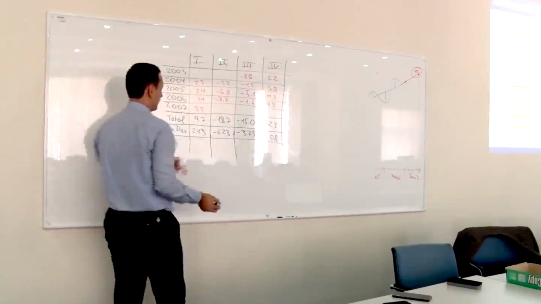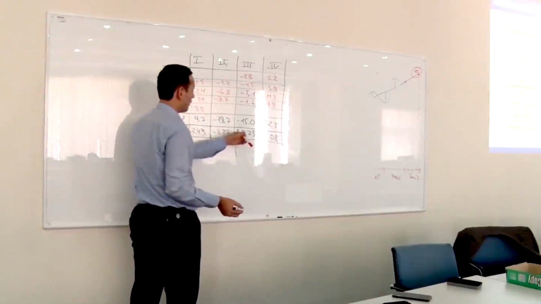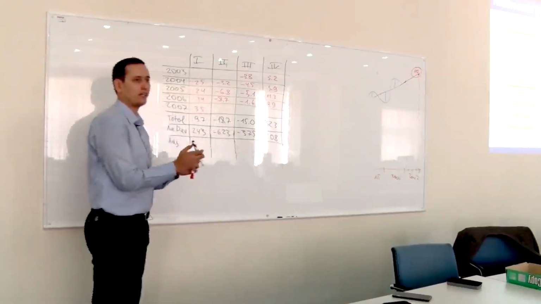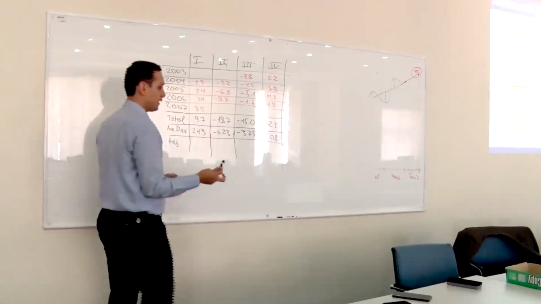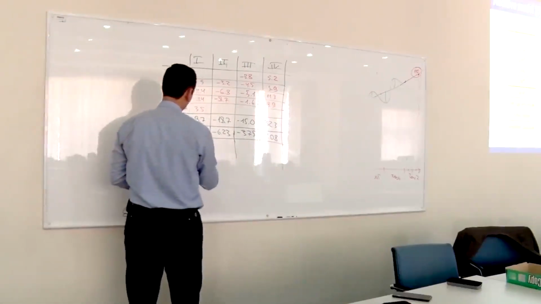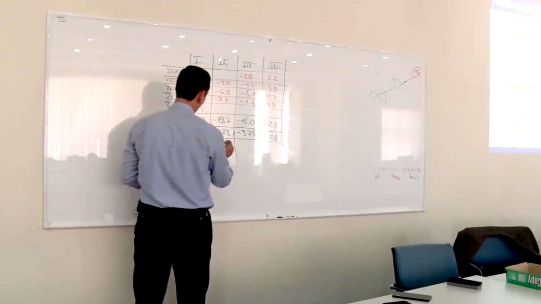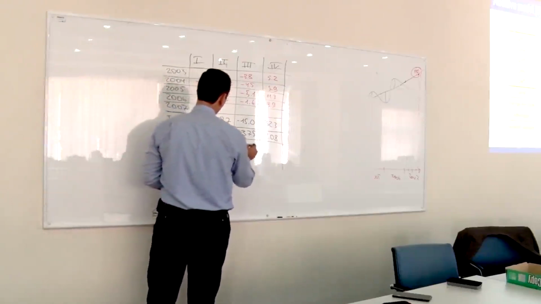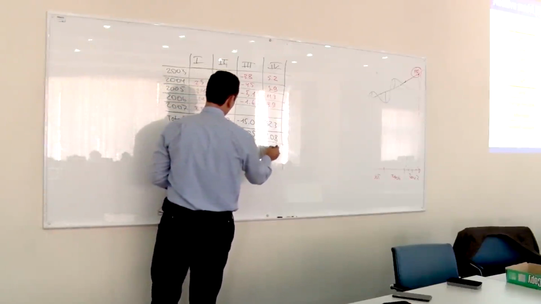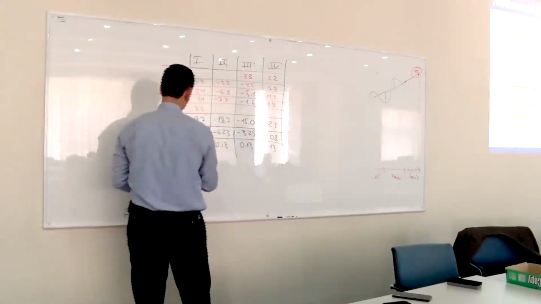You add them up and divide by 4, and the adjustment should be the same number for all: 0.13, 0.13, 0.13, and 0.13.